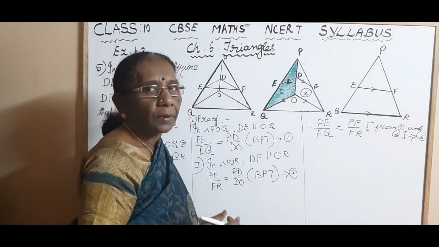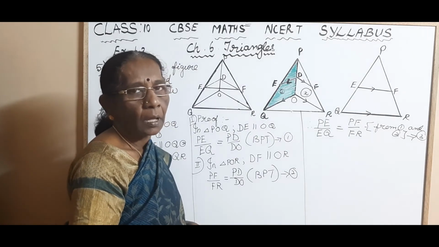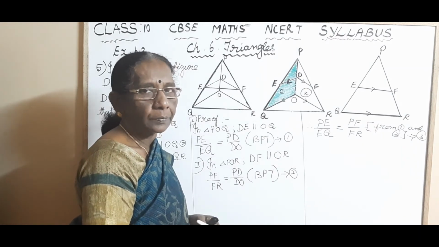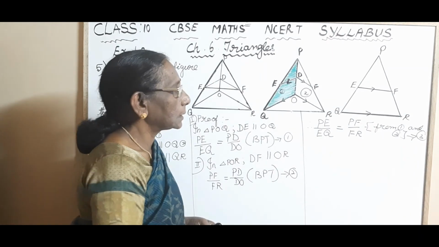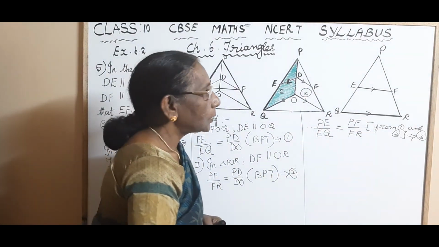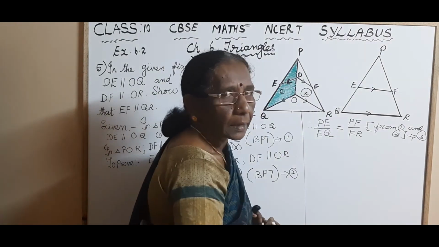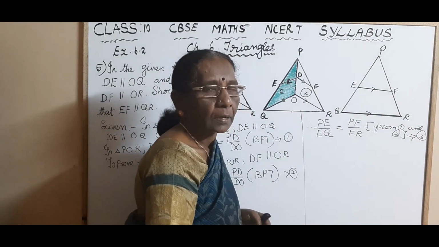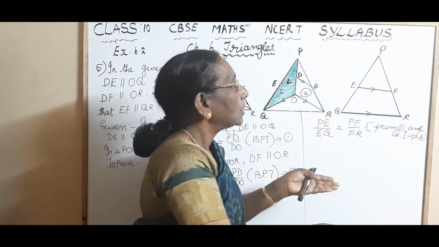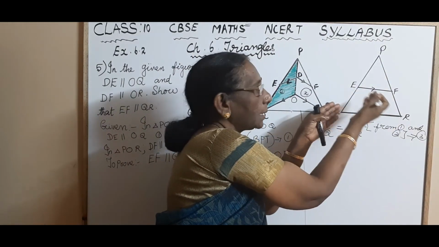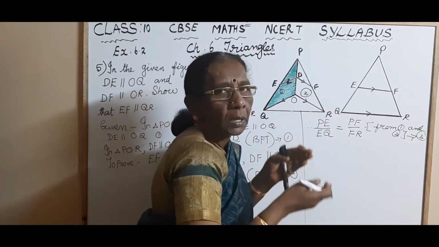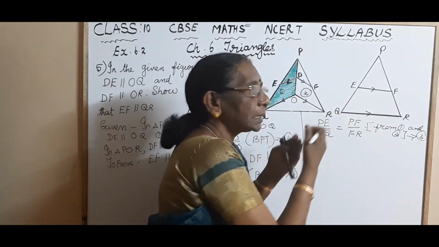If two sides are divided in the same ratio by a line in a triangle, then that line is parallel to the third side. Isn't it? So, by which theorem can you apply? Converse of BPT. BPT is parallel to ratio. Converse is ratio to parallel. The other two sides are divided in the same ratio by the points E and F. Therefore, the line passing through the points E and F is parallel to the third side.